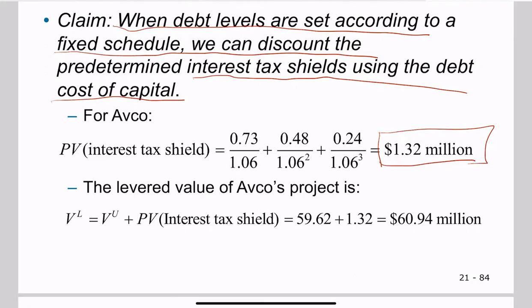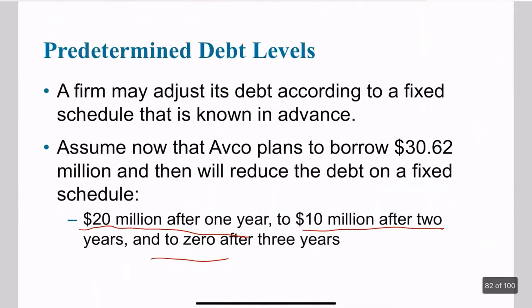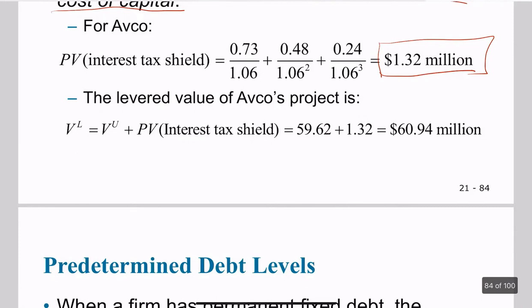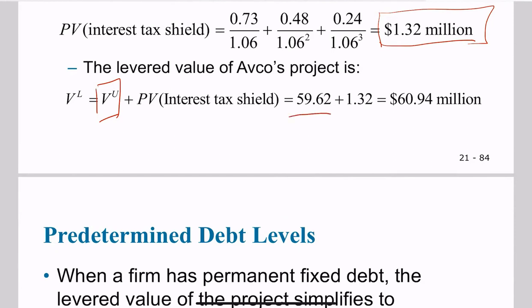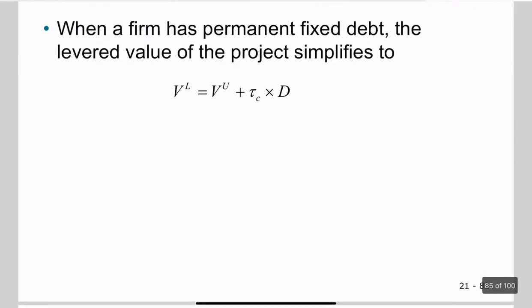And then we can calculate the levered value of the project using the APV method, right? We have this VU here, which I think has been calculated before. Then plus this present value, this gives us the firm's levered value.